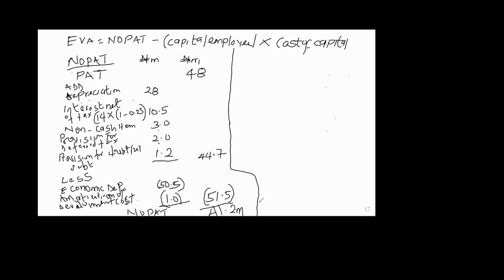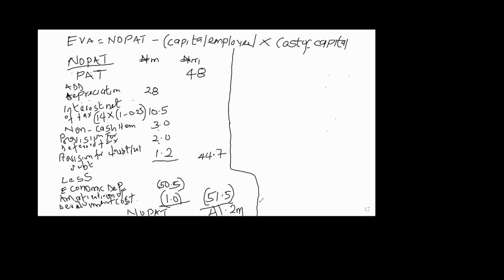He now went to the note number 4. He said provision for doubtful debt was 2.5 million on the 2020 statement of financial position.